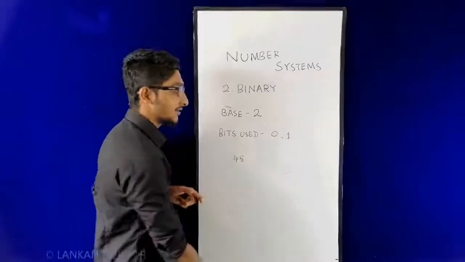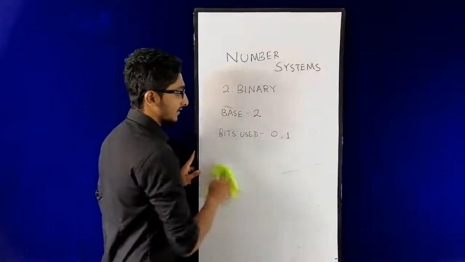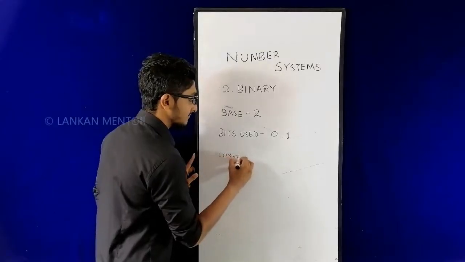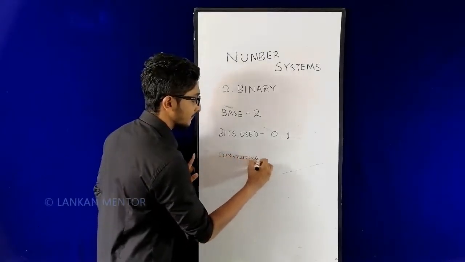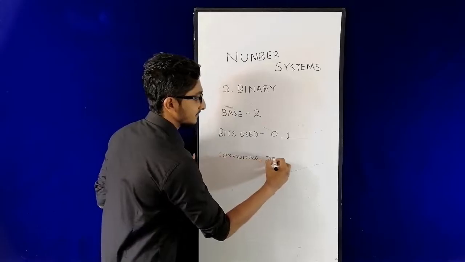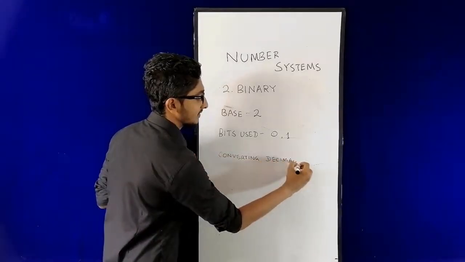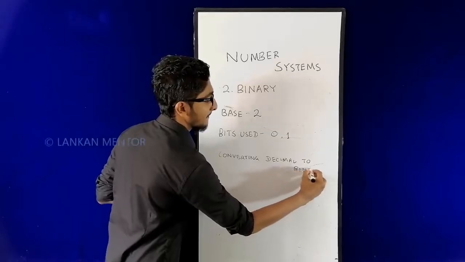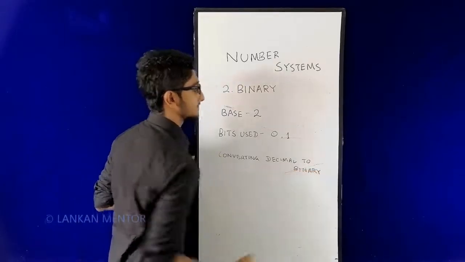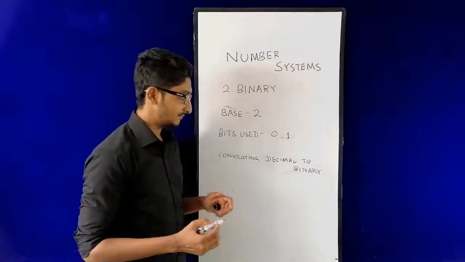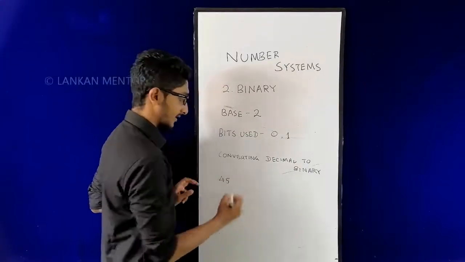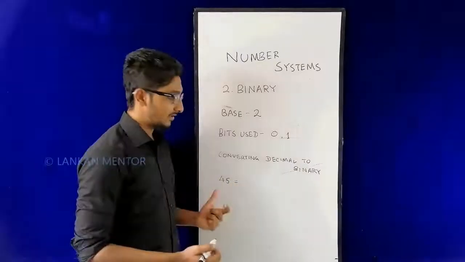We'll see how the division is done. Okay, now you can start with converting decimal to binary. Decimal to binary, right? So we'll start with 45. Okay, 45 is equal to something.